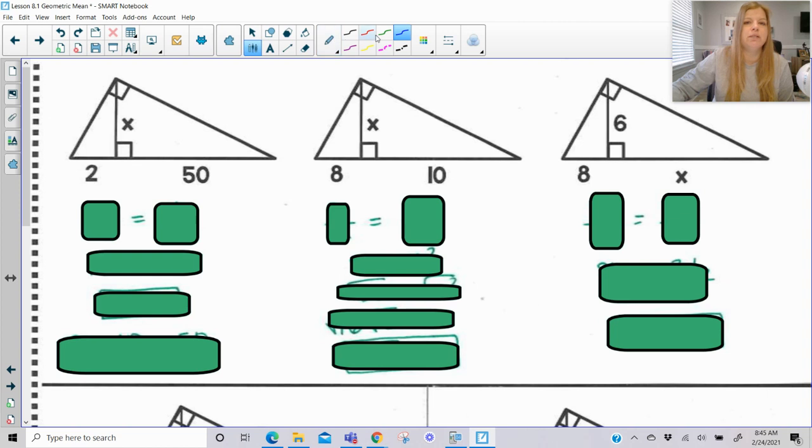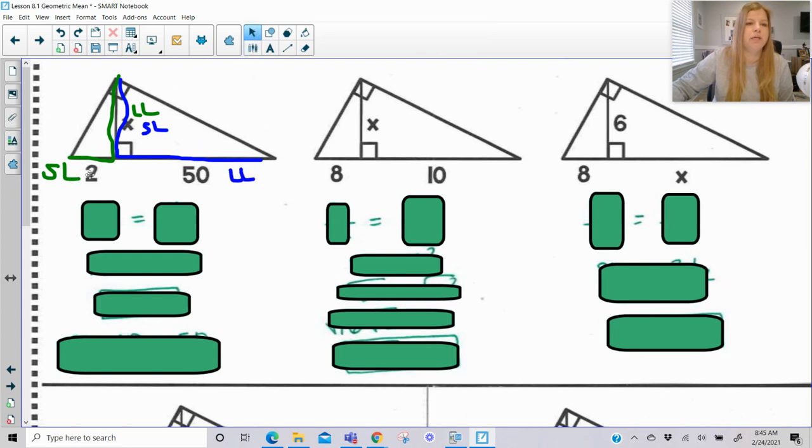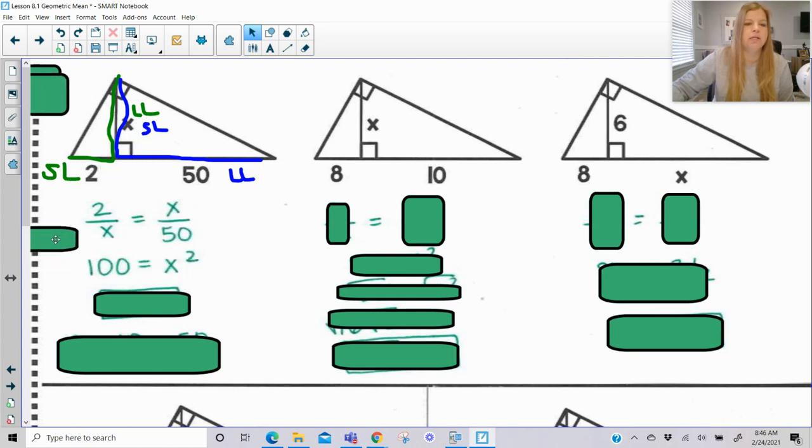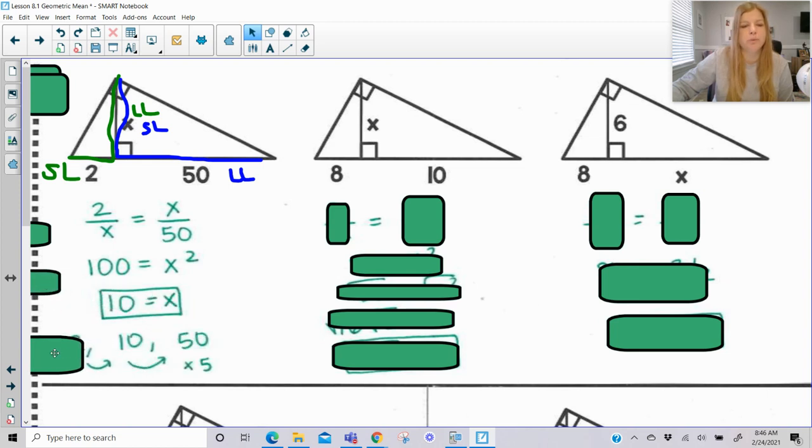So again, if I wanted to look at this figure and say, okay, well, 2 over X, so short leg over long leg, and then set that equal to this same short leg over long leg, my proportion would be 2 over X is equal to X over 50. And then I would use my cross products and then solve. And this one ends up being so super nice.